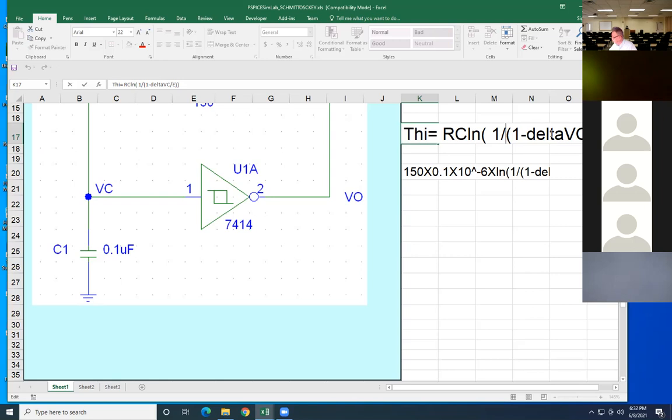E is 5 minus 1.67, that will be 5 minus the initial, 1.67. So that's equal to 3.33.